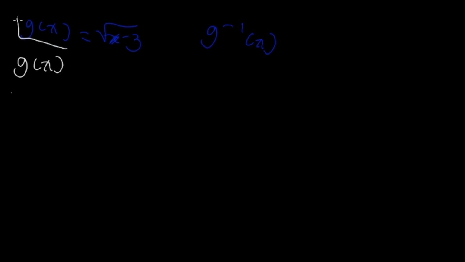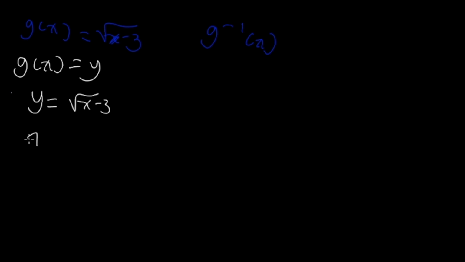Another example we have is, say we have a question like g of x is equivalent to the square root of x minus 3. Find the inverse function of x. Same logic applies. G of x is always equivalent to y. So g of x is equivalent to y, which is equivalent to the square root of x minus 3.